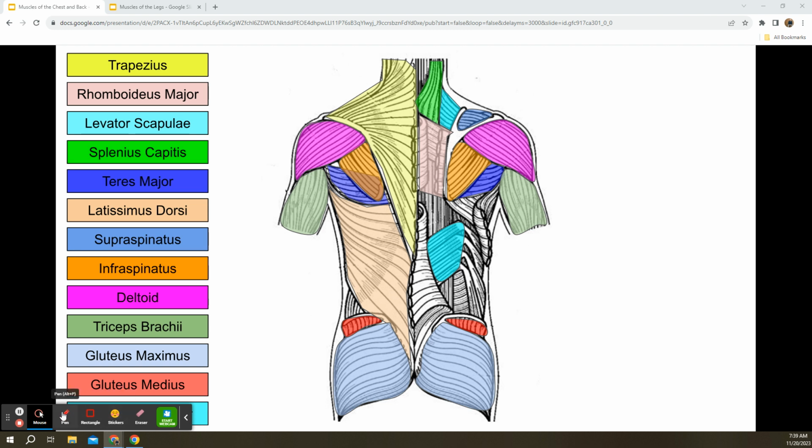Next thing we have is the infraspinatus. This one's also located along that posterior surface of your scapula. Your infraspinatus and supraspinatus are essentially right next to each other.